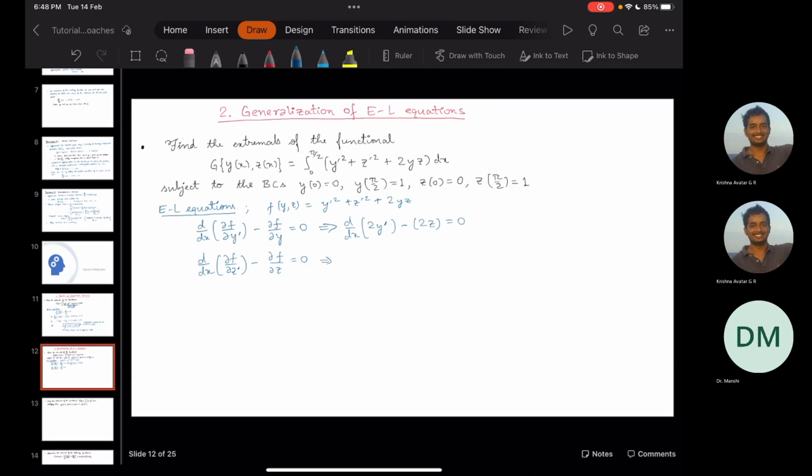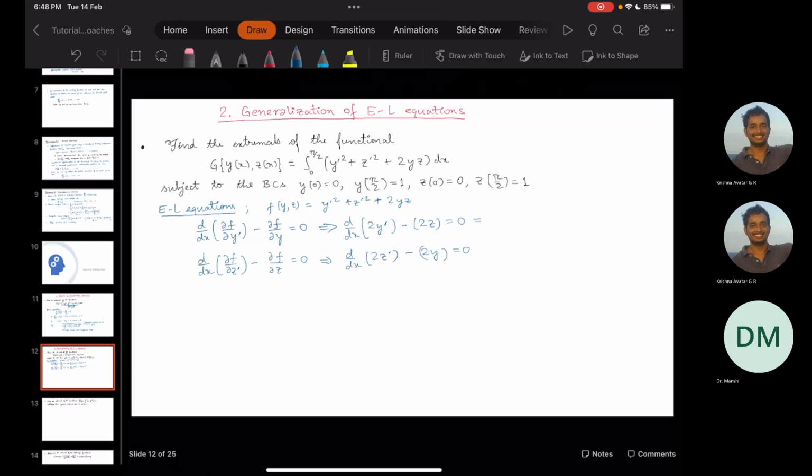Likewise, del f by del z prime is 2z prime, minus 2y is equal to 0.